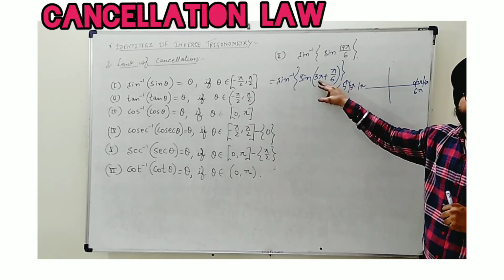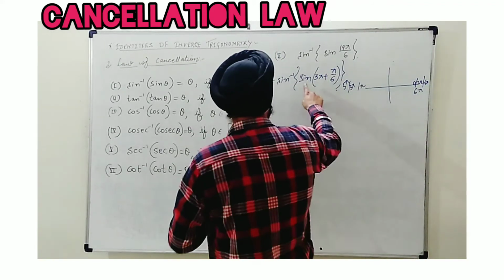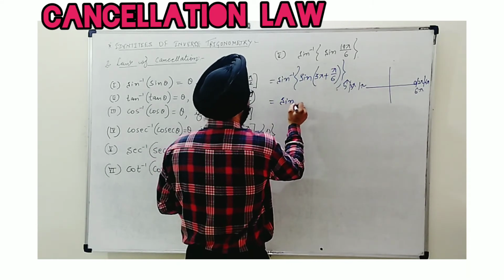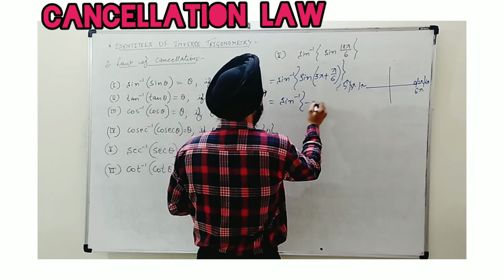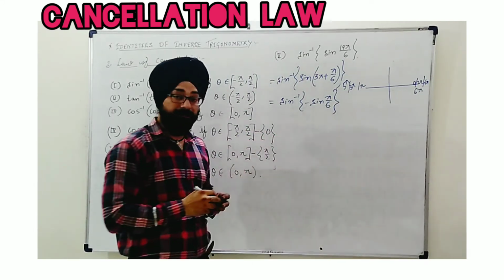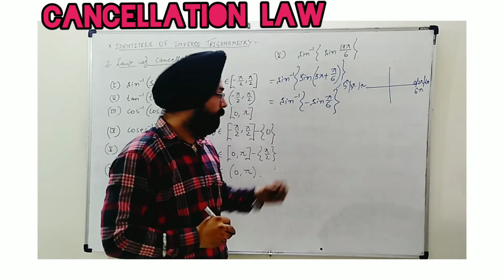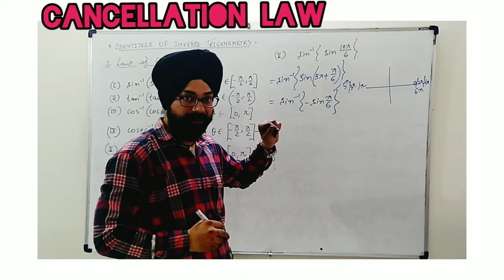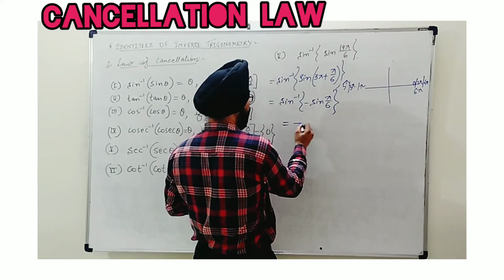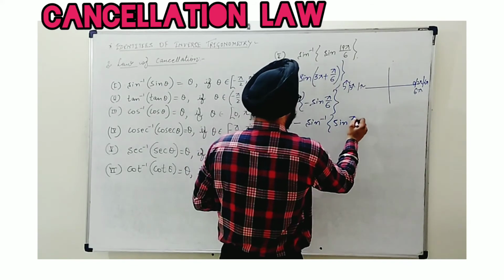Now by the way, here we have seen the situation of pi. So this will be taken as pi plus theta, and by the allied angle concept, sine of pi plus theta will be minus sine theta. So we will write this as sine inverse of minus sine pi by 6. But again, I have said whenever we are having one negative value, first sort it out. So sine inverse of minus x, by the negative angle concept, this minus can directly be taken out of the function: minus sine inverse of sine pi by 6.